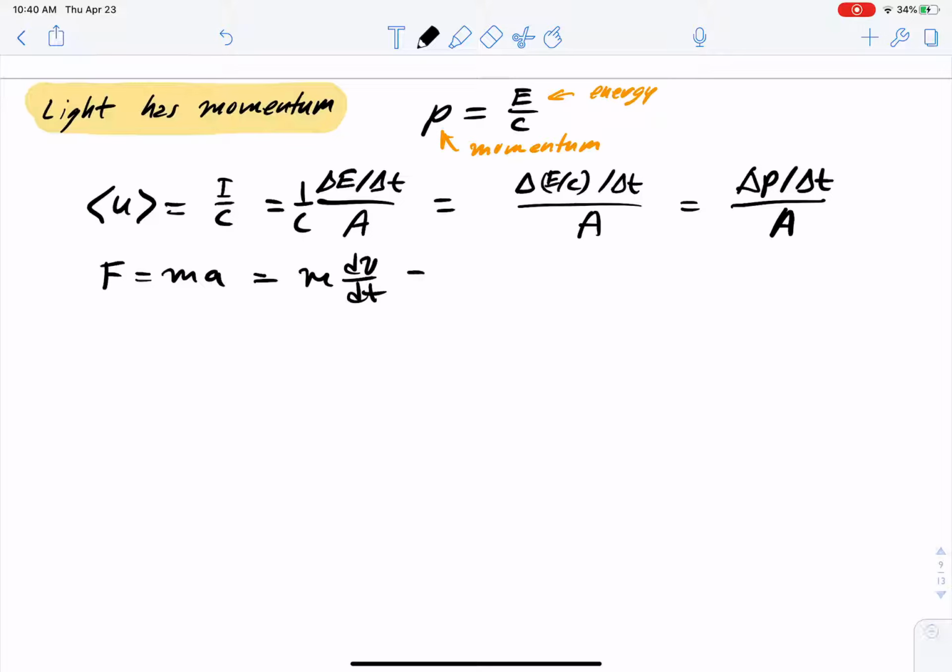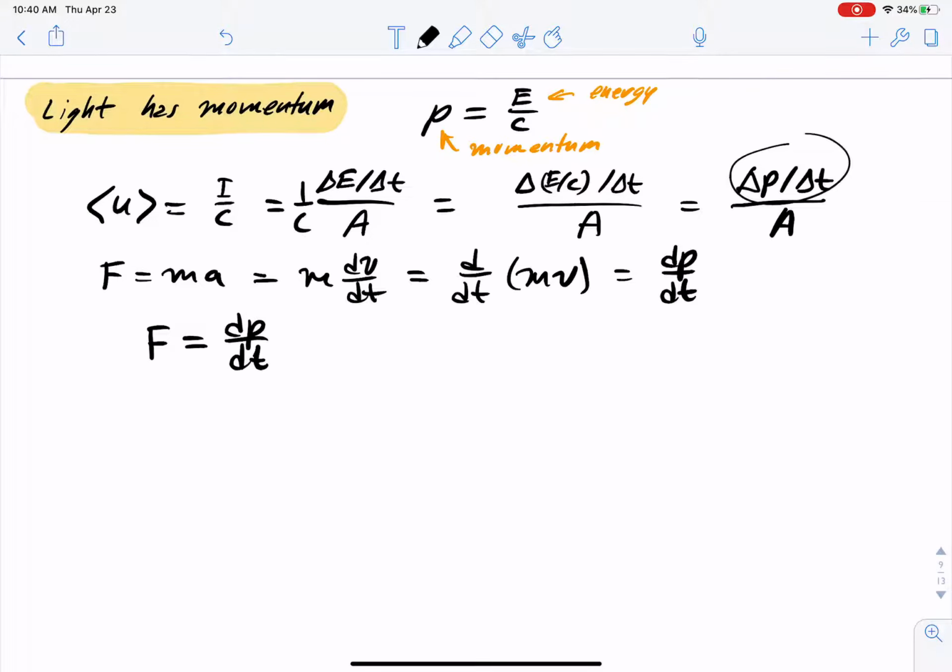He thought of mv as the motion, of course he knew what velocity was, but he thought of that as the motion, what we call momentum now. So he wrote the second law this way: the force is the rate of change of the momentum. And look what we have up here, the rate of change of the momentum.